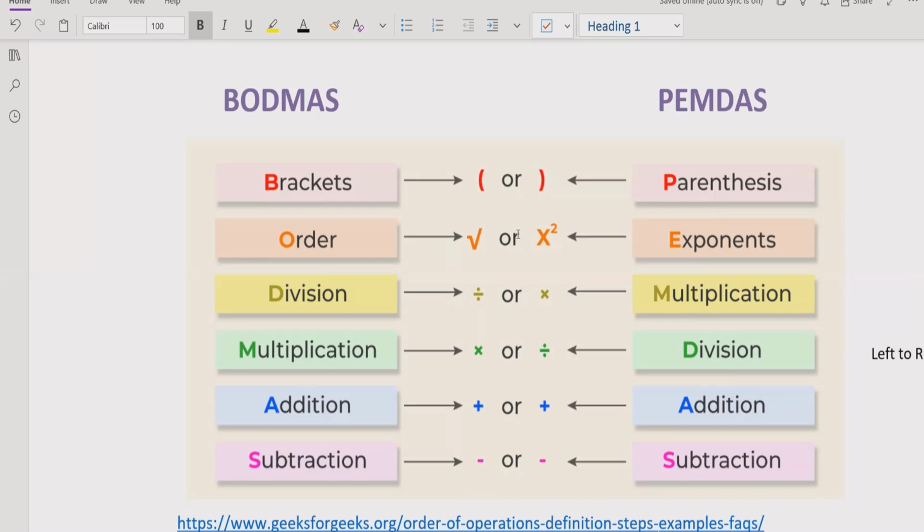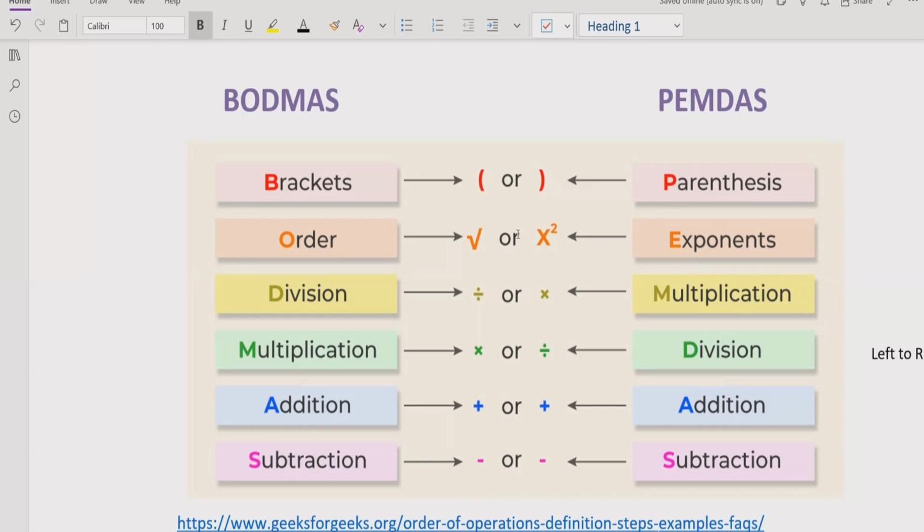Similarly, for division and multiplication, you go left to right in the expression and find which operation is coming first, either multiplication or division. If you have the division first, you solve the division first. And if you have the multiplication first, you solve the multiplication first.